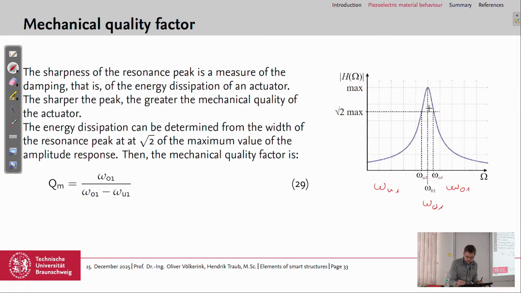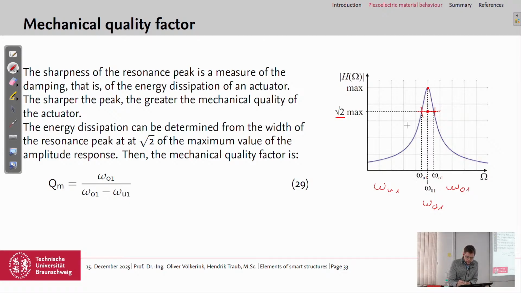So we have the resonance frequency here, which is, let's say, the highest amplification of the amplitude. We are in resonance, and then we look at the values square root of 2 to the left and to the right, and then we have these two frequencies also defined. We use this because the sharper the peak in the resonance, in the transmission function, the better is the mechanical quality.